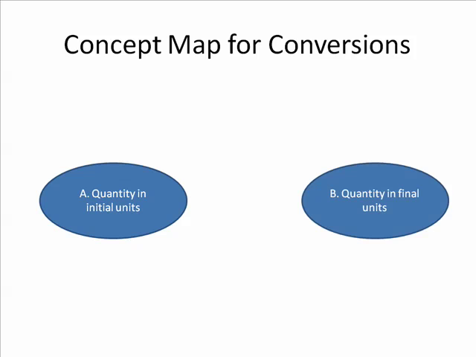And it's like you're going to a final destination in which you've got that physical quantity, but it's being described in whatever units you're converting to. It's in the sense that you're going from point A to point B, and you need a way to get from point A to point B. The conversion factors will provide the vehicle or the means by which you're going to get from point A to point B. Okay, that brings us to the end of part 1 in this 2-part video series, unit conversions.